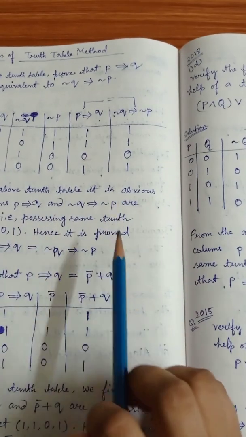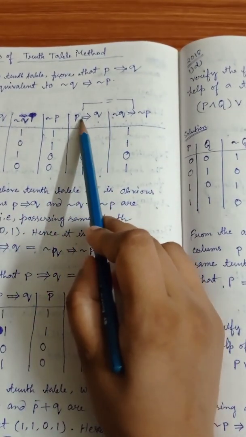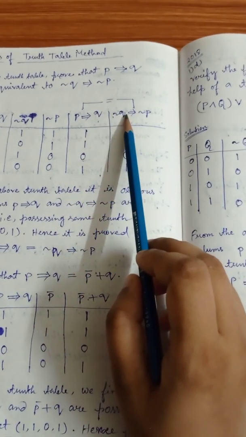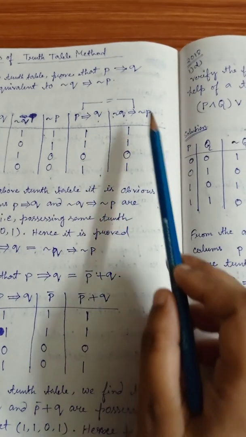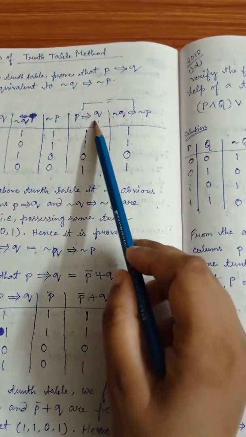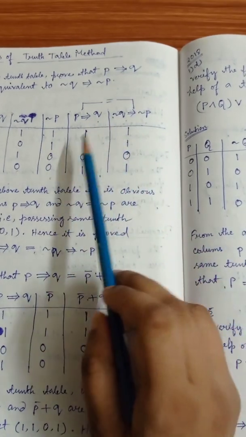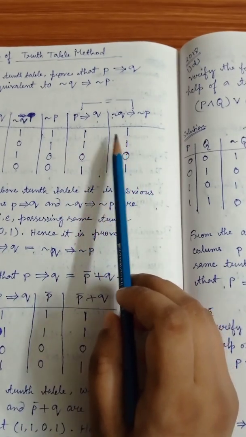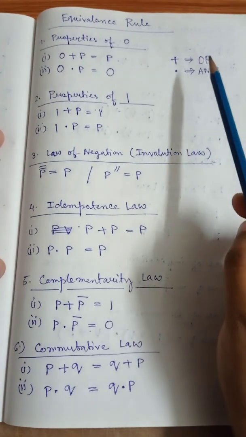So from the above truth table, it is obvious that the column P implies Q and negation of Q implies negation of P are identical because they have the same value in their truth table. So these two columns are equivalent.